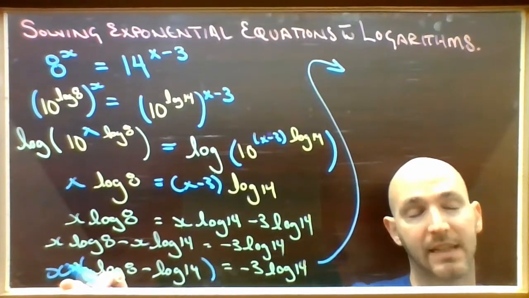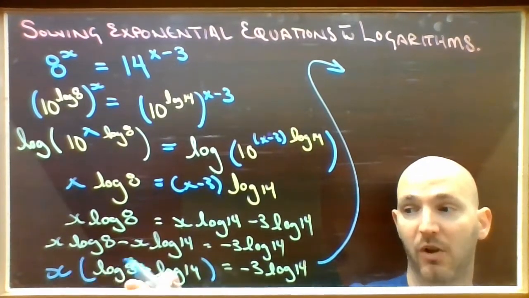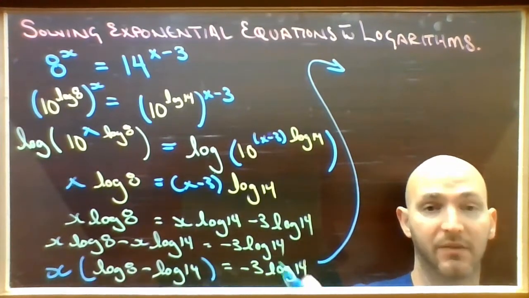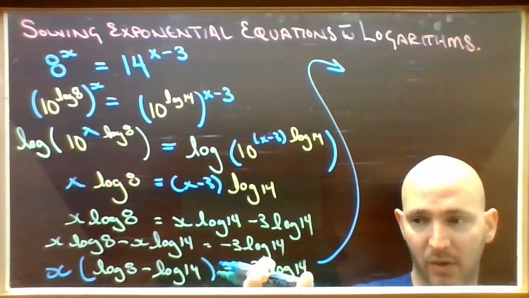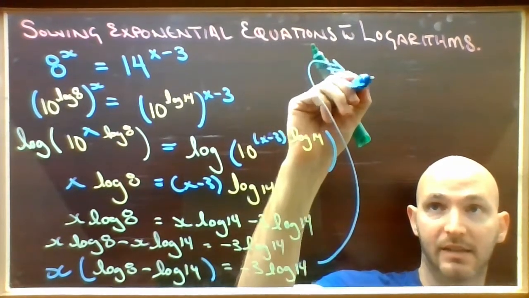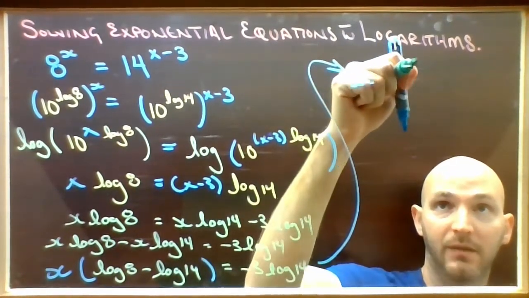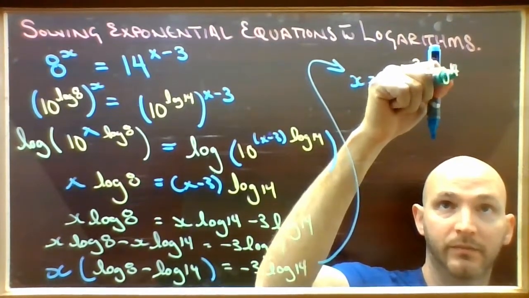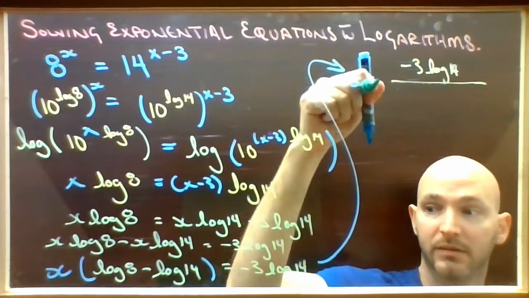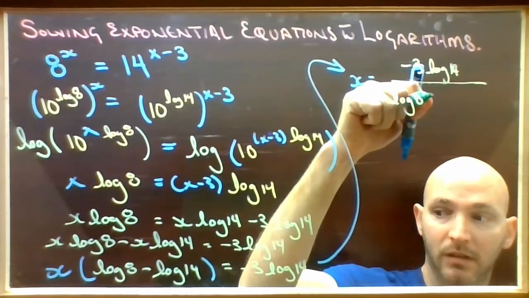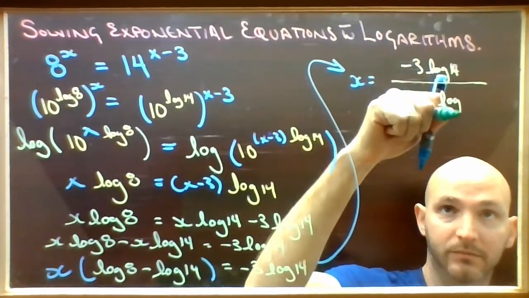In order to get this x by itself, I have x multiplied by this mass. The only way to break a multiplication is by division, so I'm going to divide both sides by this thing, which will leave me with x equals negative 3 log of 14 divided by log 8 minus log 14.